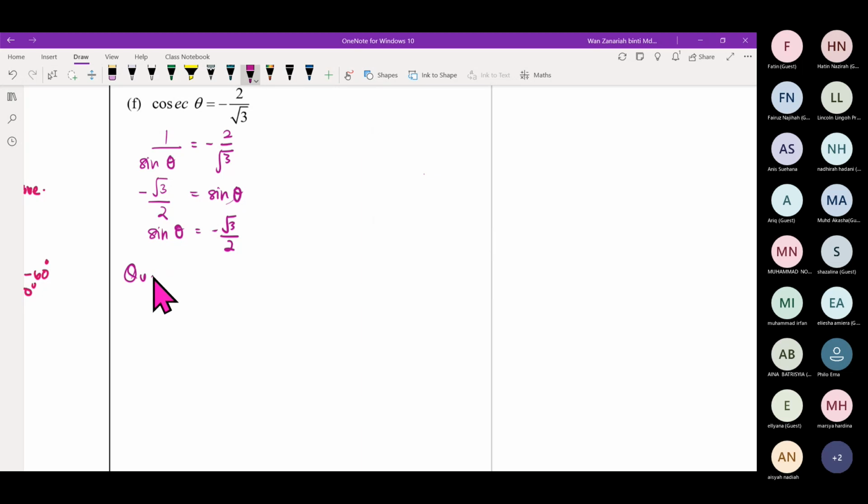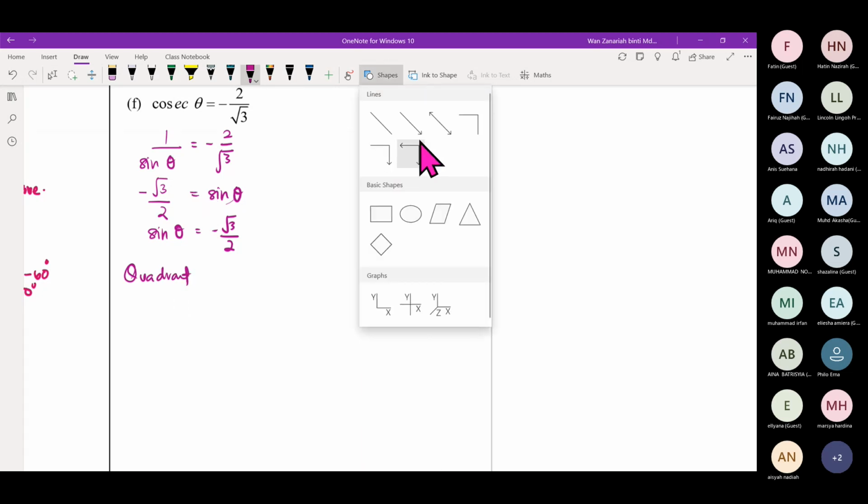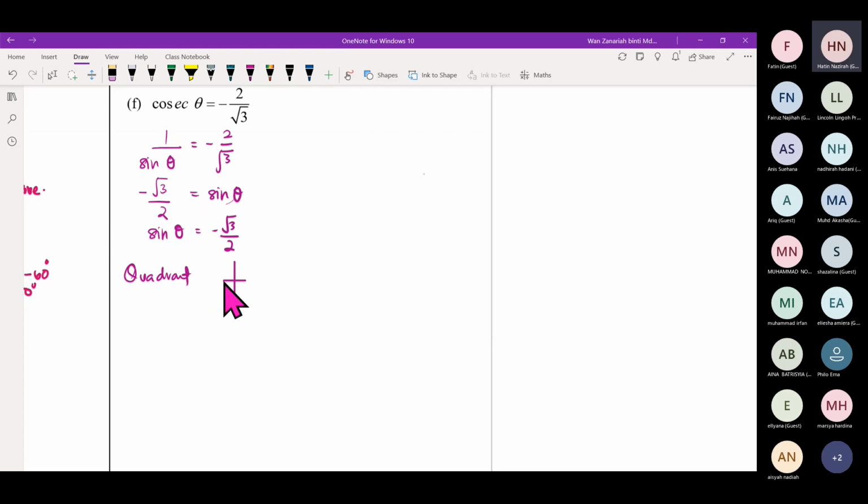The first step, quadrant. Which quadrant, everyone? Third and fourth. Sine is negative in the third and fourth quadrants. And then what is the next step? Basic angle. So press your calculator for the basic angle.